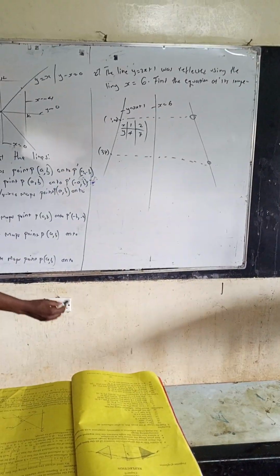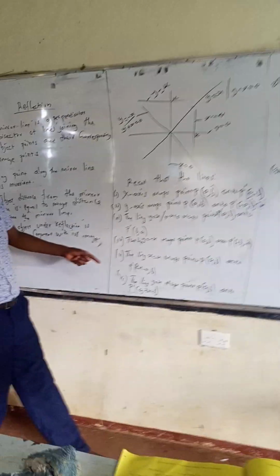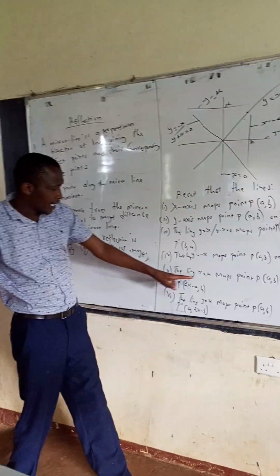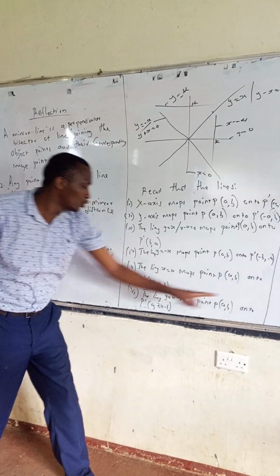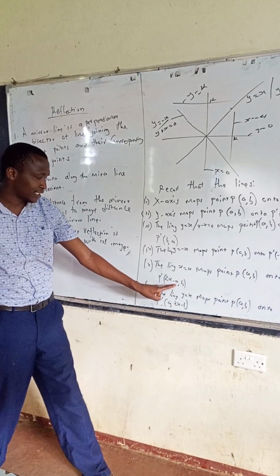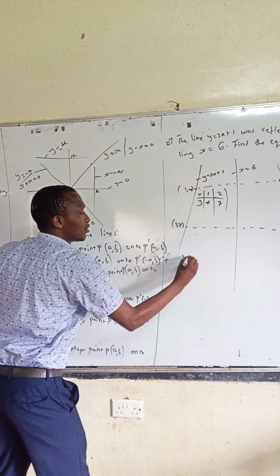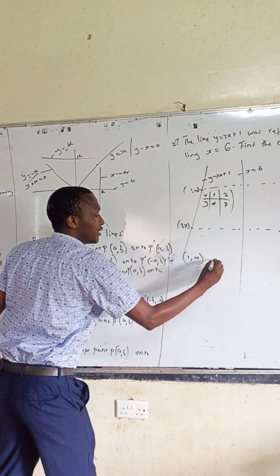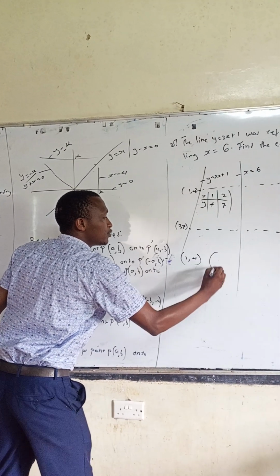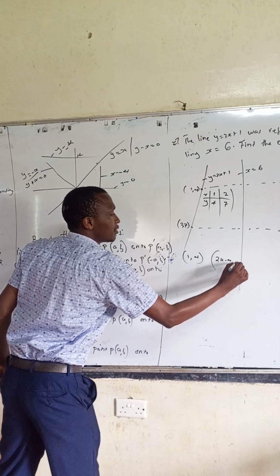Now, we know that when you reflect a point using the line x is equal to k, it maps point a, b onto 2k minus a, b. So if the point is 1, 4, then the image will be 2k minus a, b.